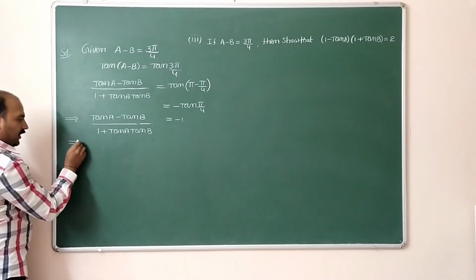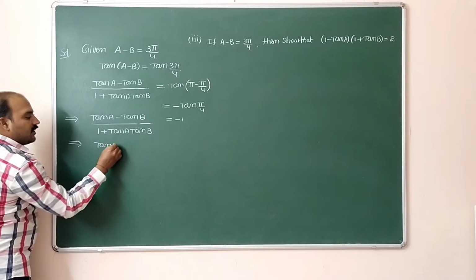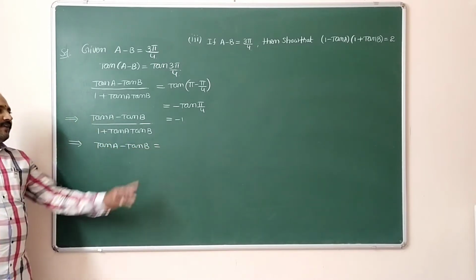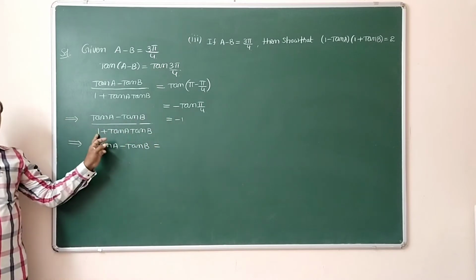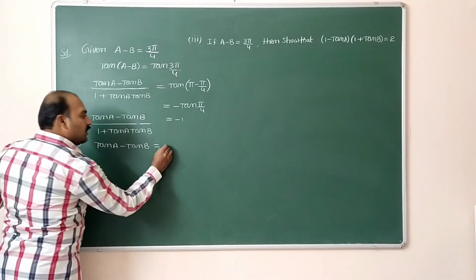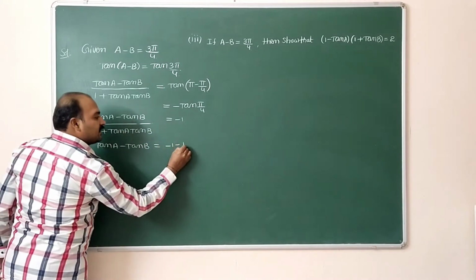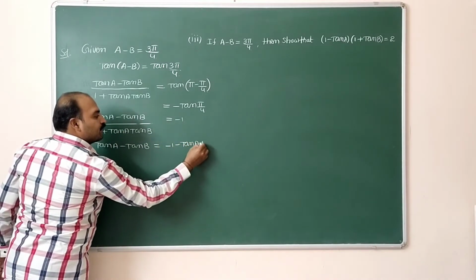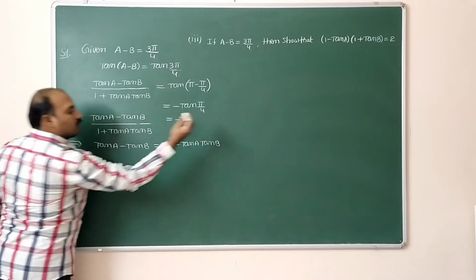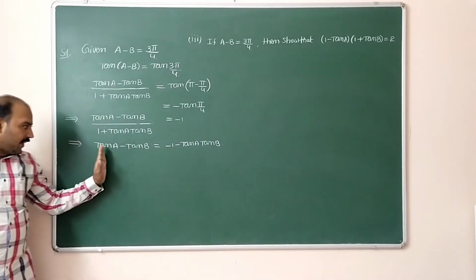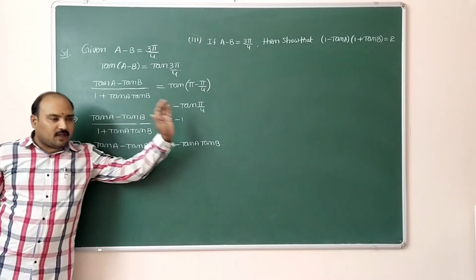Cross multiply. Tan A minus tan B equals each and every term multiplied by minus 1. 1 into minus 1 is minus 1, minus 1 into this value, so minus tan A tan B. After that, tan A minus tan B, I am taking this side.